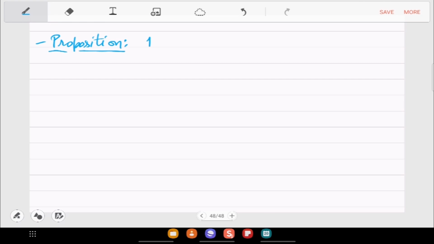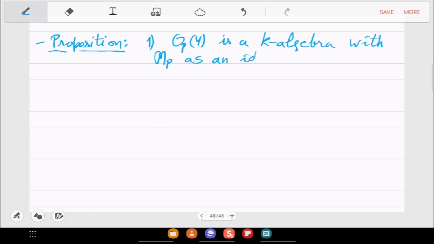There are tons of properties of this object. So O_{P,Y} is a K-algebra with MP as an ideal. I already mentioned that. More interestingly, O_{P,Y} mod MP is a field.